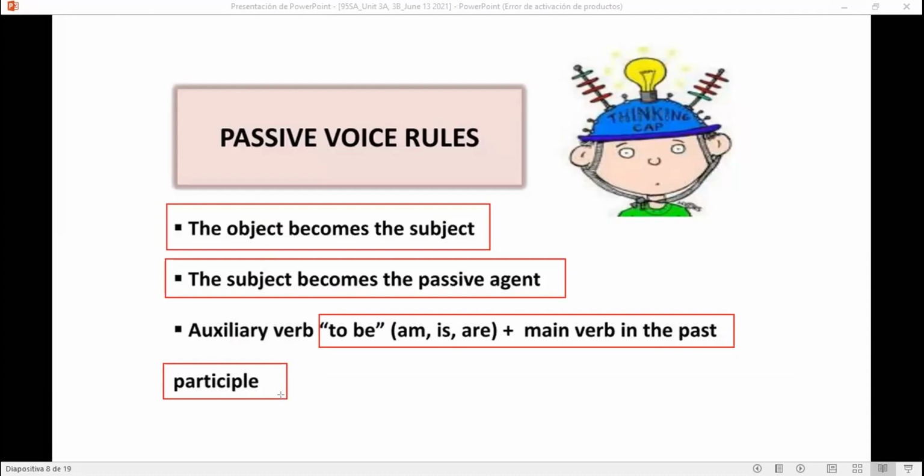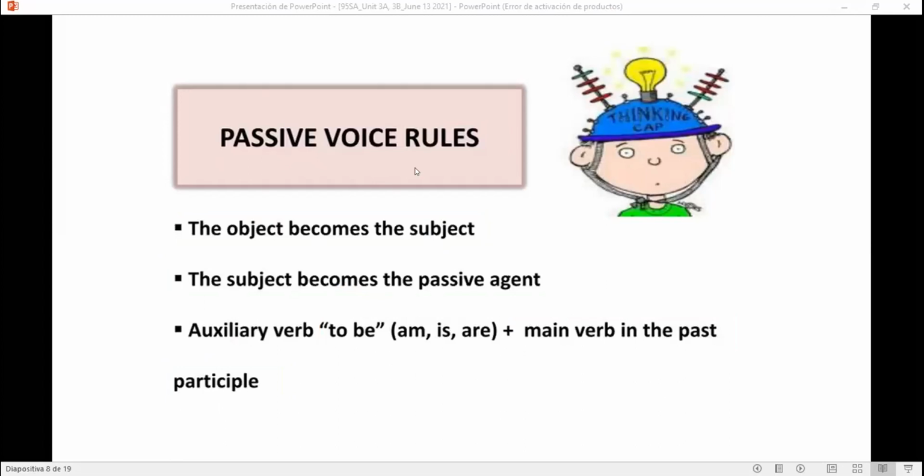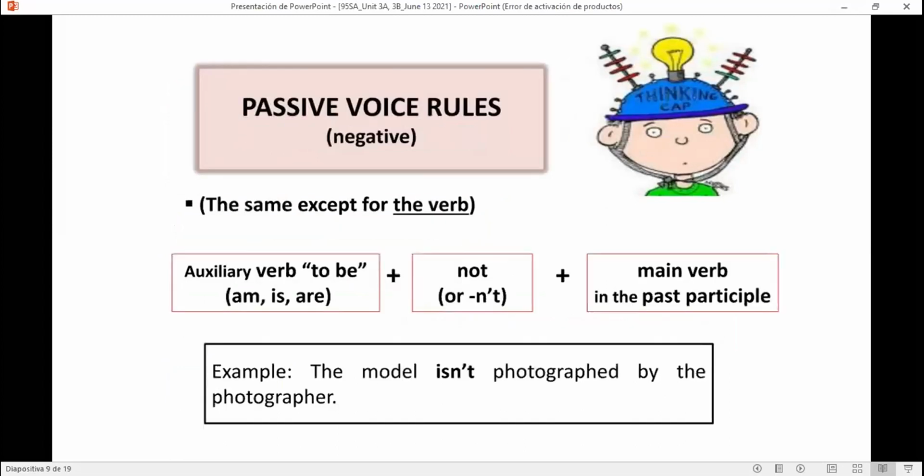En esta unidad nosotros vamos a enfocarnos únicamente en present passive voice, ¿sí? En la voz pasiva transformada al presente. Es decir, que el verbo to be siempre va a estar en presente en esta unidad. Okay. So, another thing you need to know, sí, algo que también ustedes necesitan saber, es miren que si es que ustedes quisieran hacer una oración pasiva negativa, en donde ustedes utilizarían la negación sería en el verbo to be. ¿Sí?